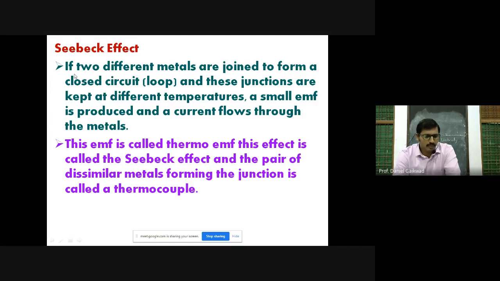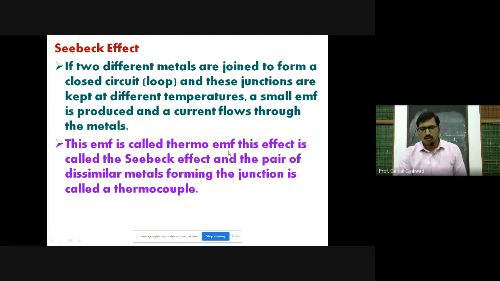Check carefully. When two different metals are joined to form a closed loop, closed loop means there are two junction points where the two metals are joined, and we have one loop. And these junctions are kept at different temperatures. A small EMF is produced and current flows through the metals.